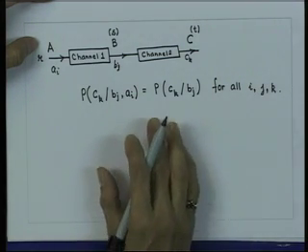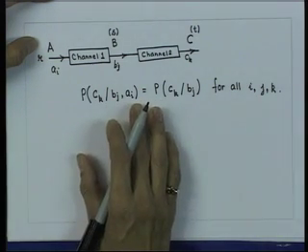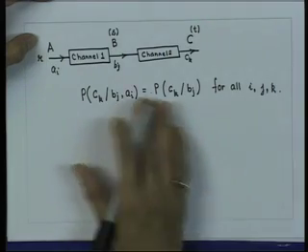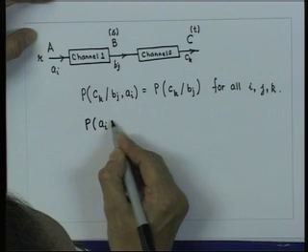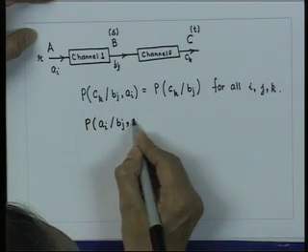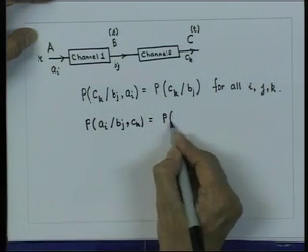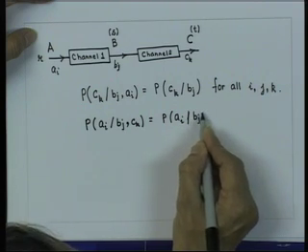Now, a direct application of Bayes' rule, which we studied in the earlier class, yields a similar equation in the reverse direction. So, we can show that probability of A i given B j and C k is equal to probability of A i given B j.